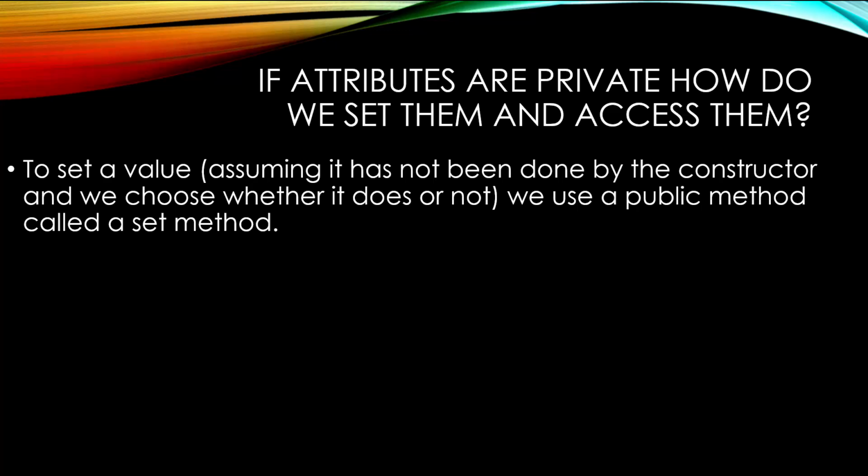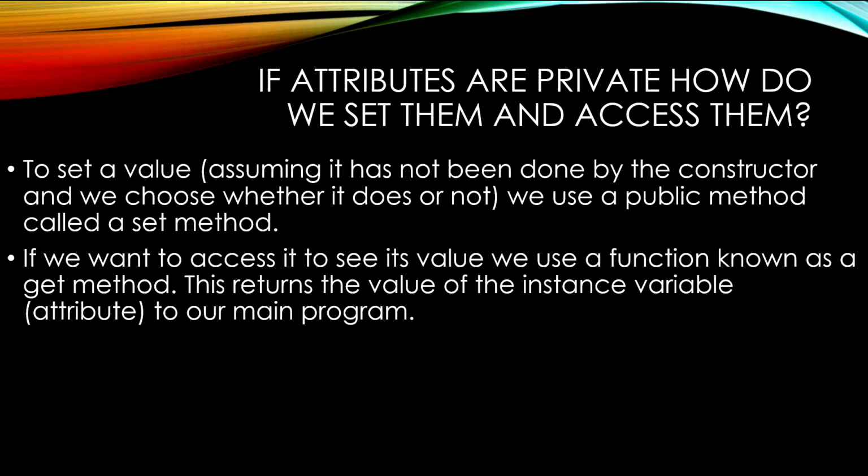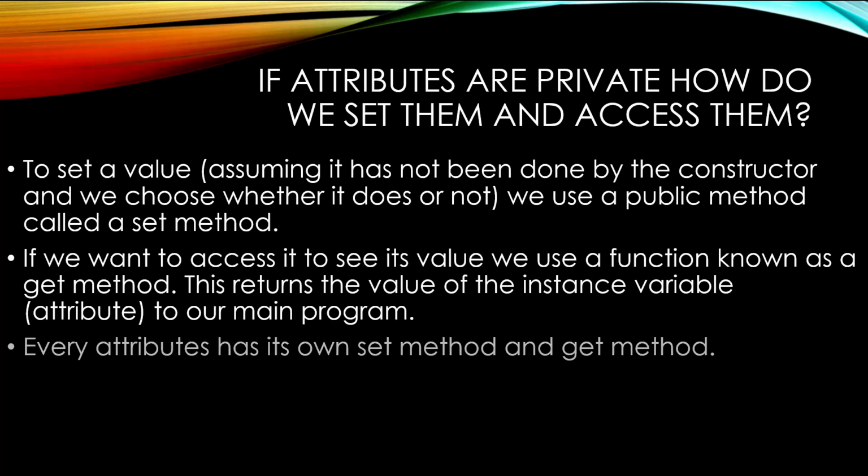Well, we set a value, assuming it has not been done by the constructor, and as programmers, we choose whether it does or not. We use a public method called a set method. If we want to access it to see its value, we use a function known as a get method. This returns the value of the instance variable or the attribute to our main program so the user can see it or so we can do something with it.